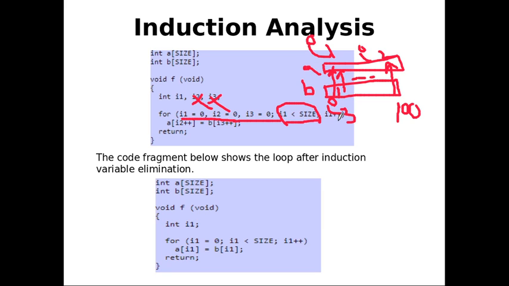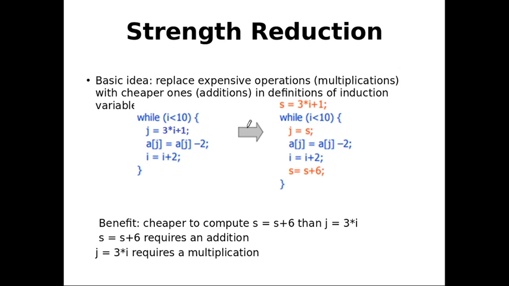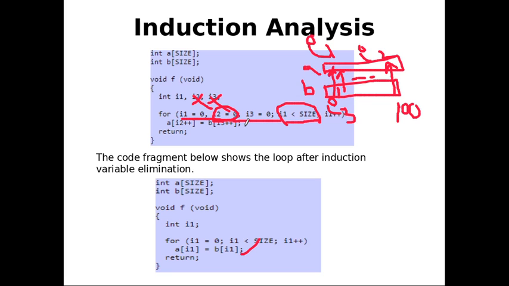Every time I am increasing my I1, simply A of I1 is assigned B of I1. Here I am saving clock cycles to assign the I2 value, I3 value, and clock cycles for the increment of I2, I3, and memory to hold the I2 and I3 also. Here I am optimizing with respect to memory as well as the CPU cycles.